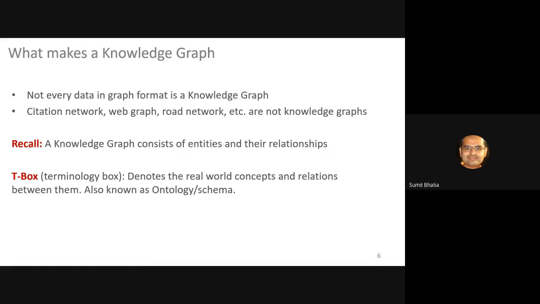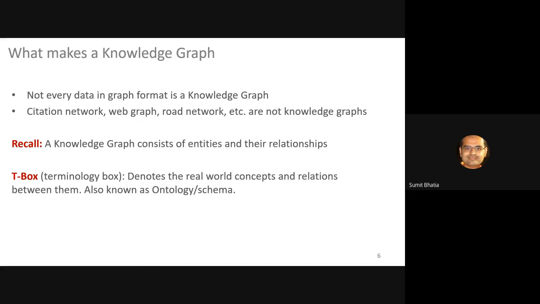So this is the definition. And then you'll also specify the types of relationships. So for example, you have a relationship, let's say, supervisor or advisor of. The T box will define that there can be a relationship in the graph such that the head entity is always a professor and the tail entity is always a student.